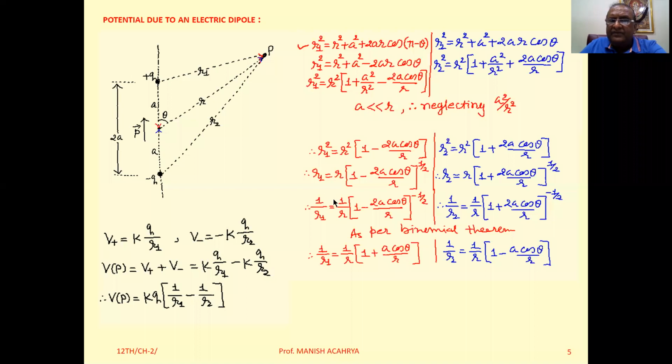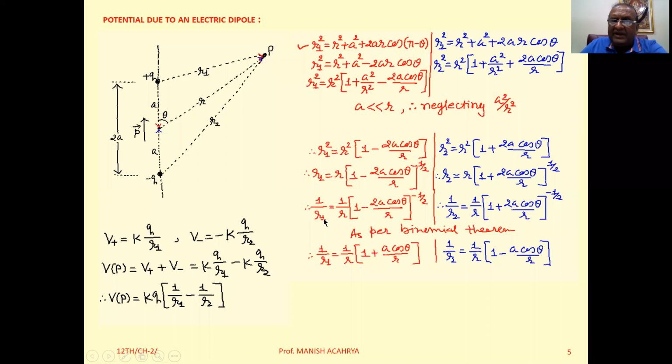Now, take square root on both the sides. So R1 equal to R into 1 minus 2A cos theta by R raised to 1 by 2, and R2 equal to R into 1 plus 2A cos theta by R raised to 1 by 2. Now take reciprocal on both the sides.